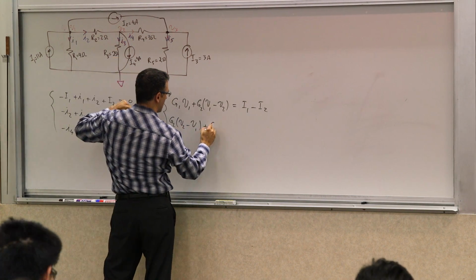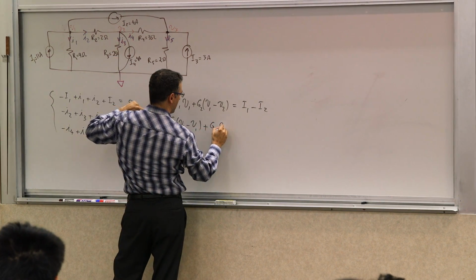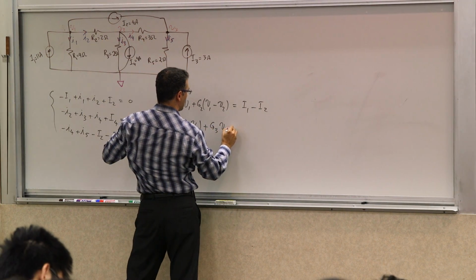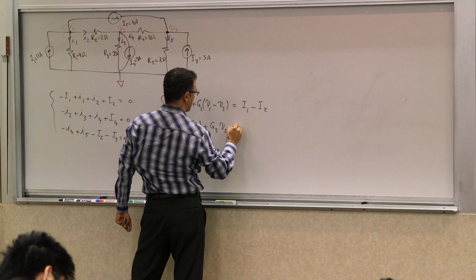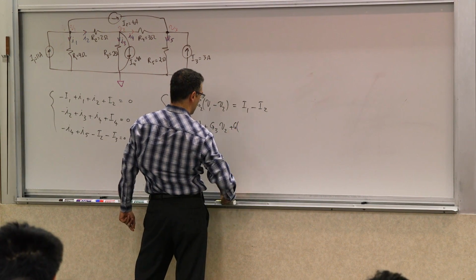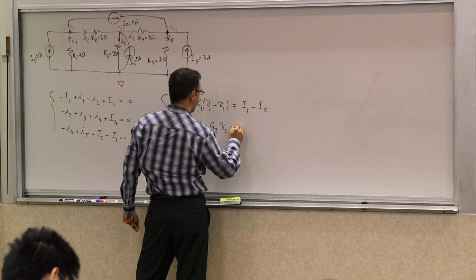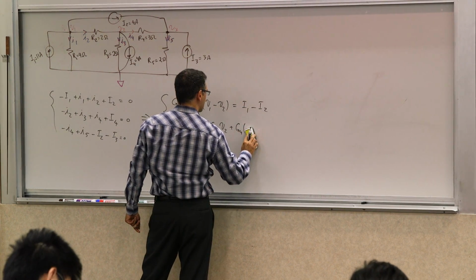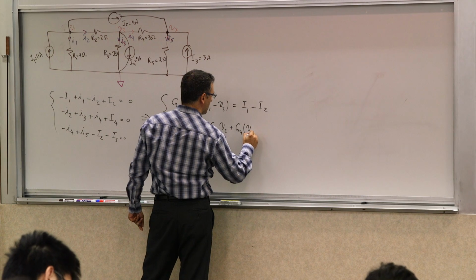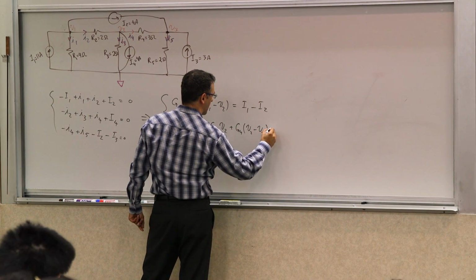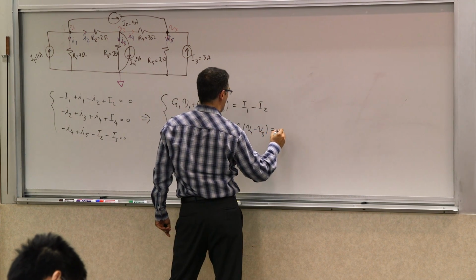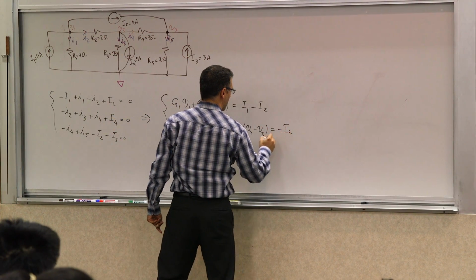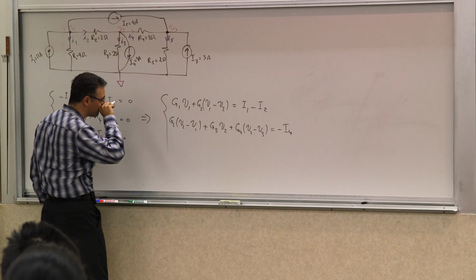I3 is G3 V2, plus I4, which is G4 times V2 minus V3, equals negative I4. I move the stimuli to the other side of the equation.